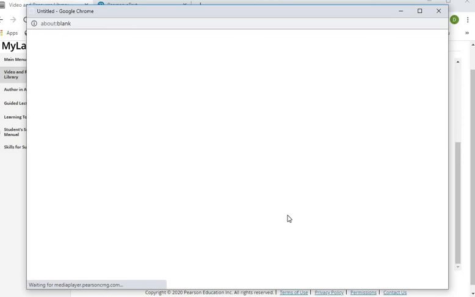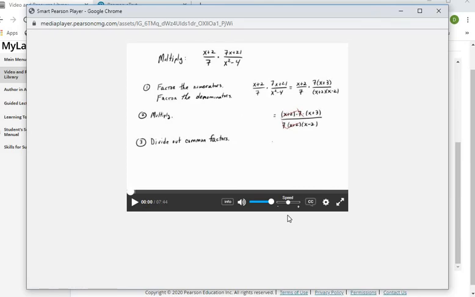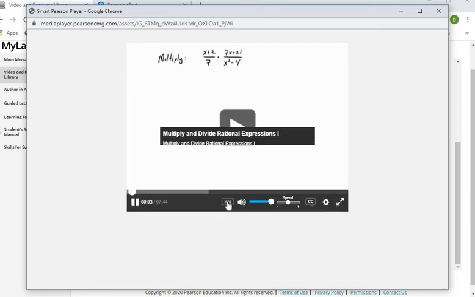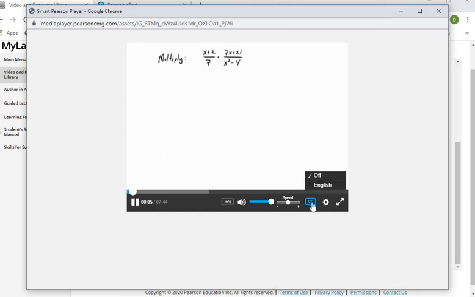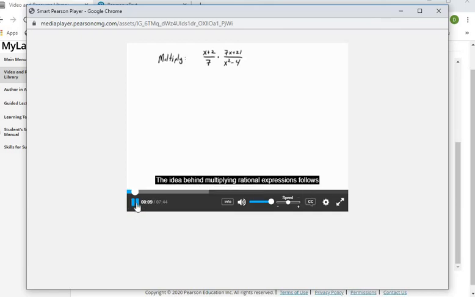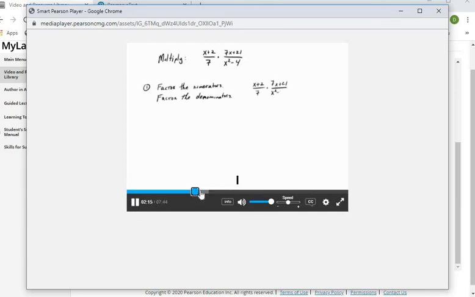Unless the video is embedded in the homework, you don't have to watch it. Just want to make that clear. But the video has some choices. We're now going to information on the video. Multiply rational expressions. The idea behind multiplying rational expressions follows the exact same logic that we use, and I'm going to kind of skip ahead here.